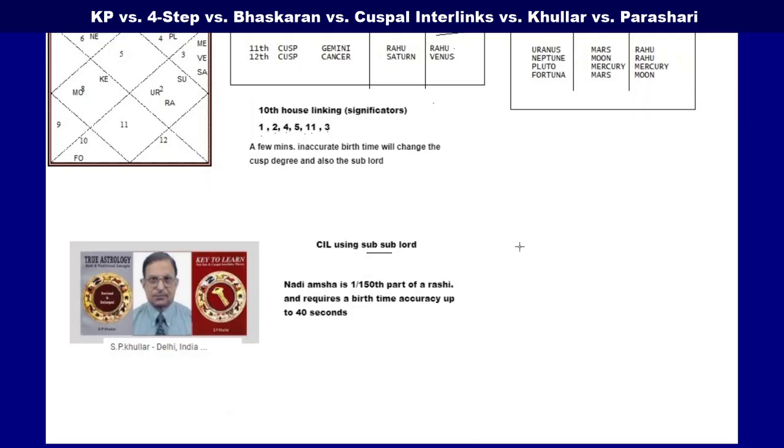And on top of it, Khullar has not even acknowledged that he has written all these books using the KP method and the Bhaskaran method. I am surprised that in his book he has not properly acknowledged the work of KP or Bhaskaran, and he has projected this theory based on the sub-sub as some new finding.